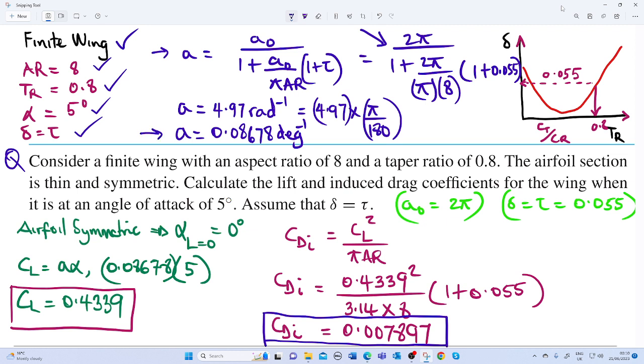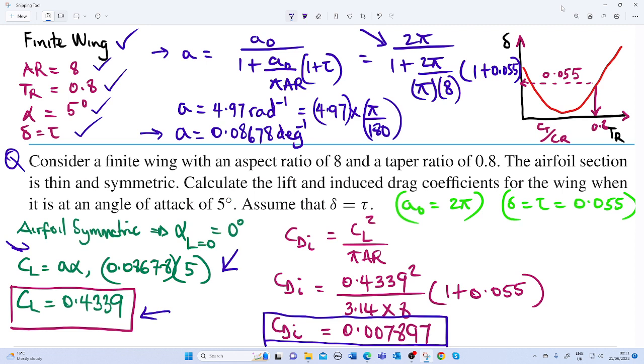From here, since a0 equals 2 pi and our induced drag factor equals 0.055, we can find the coefficient of lift, which is a multiplied by the angle of attack. By calculating this, we have our CL as 0.4339.